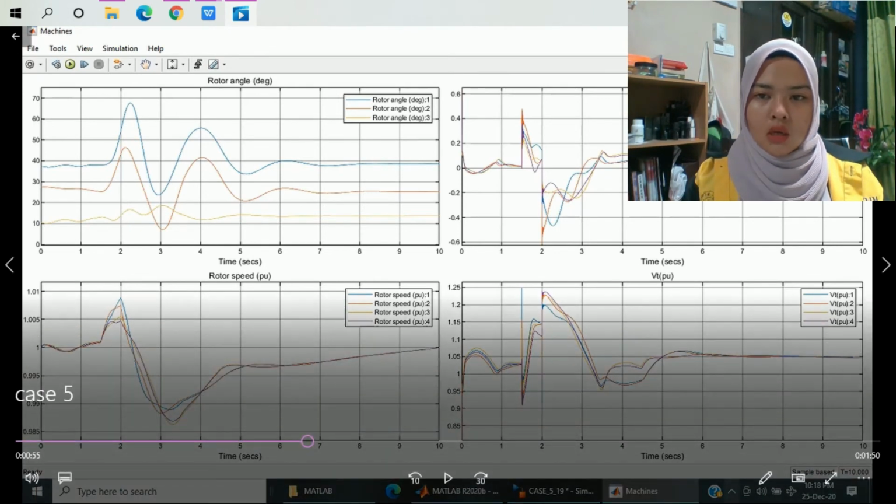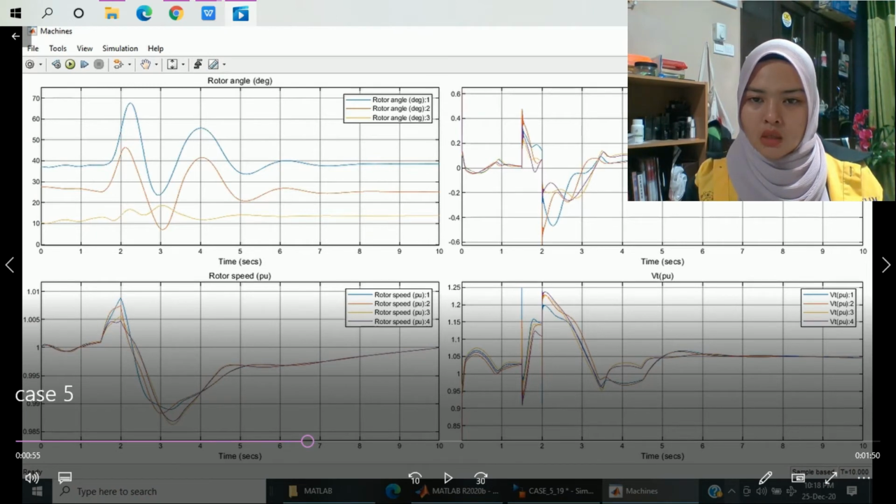Then we move to rotor speed. At the beginning the rotor speed increased, then dropped rapidly, then increased again, and at a certain moment it was increasing slowly.